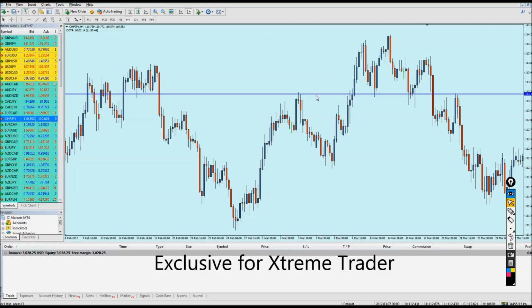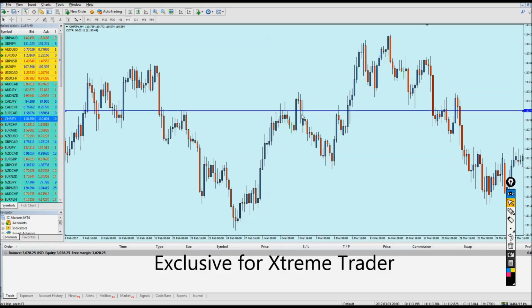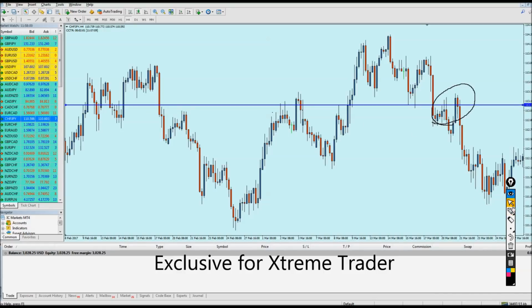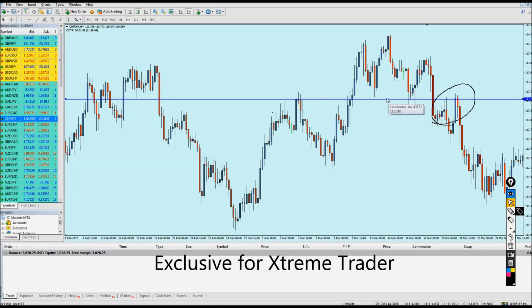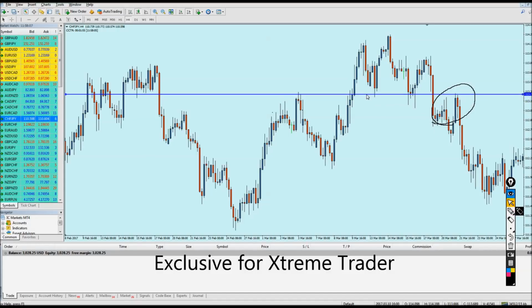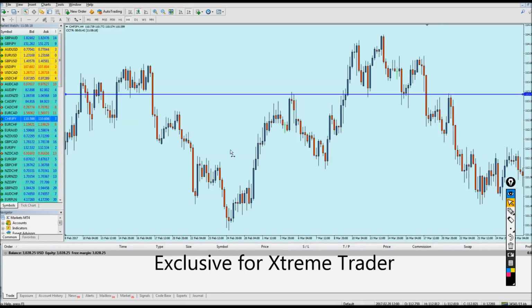So instead of drawing my line like this and missing how many pips here, or drawing my line like this, you can see how many pips I have missed if I want to place a sell. So that's why you put your line like this. Make sure you are including both of the tops of the wicks, and you will see the reversal happening exactly on the level. Let's take now the last random example.